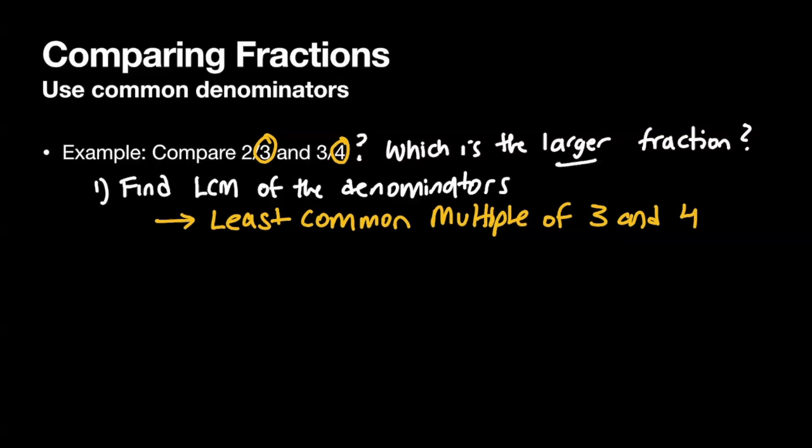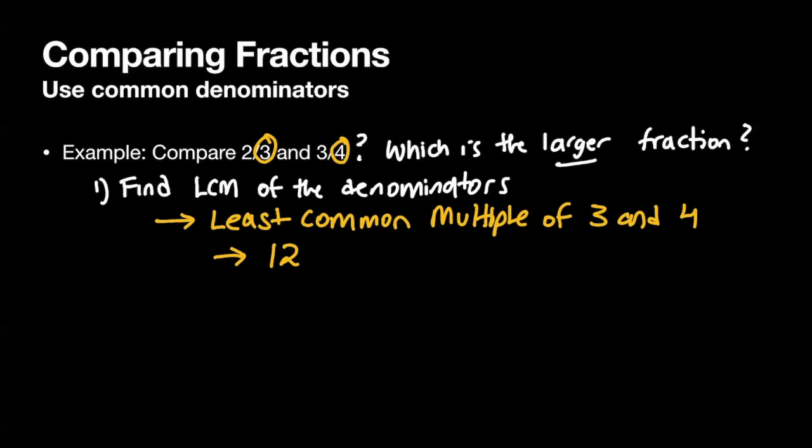Remember how we find the least common multiple is we try different numbers. We start with 1, 2, 3, 4, and so on to find which numbers are in common. The least common multiple of 3 and 4 is 12, right? Because 3 can be multiplied to 12 and so can 4.